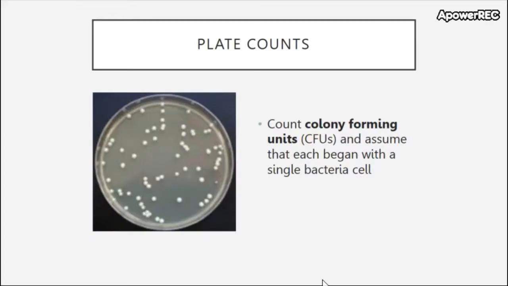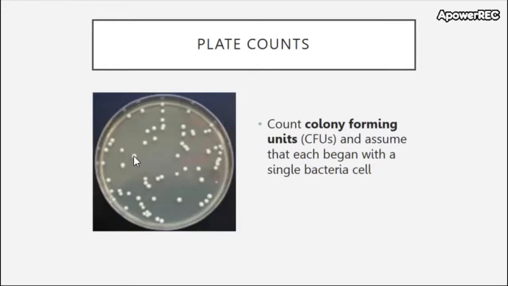The most common method for directly quantifying microbial growth is actually referred to as plate counts, where you actually count the number of what are called colony forming units on a plate. So each one of these colony forming units is not just one bacteria. Remember how big this plate was in relation to the person's hand when they were pouring that agar plate.